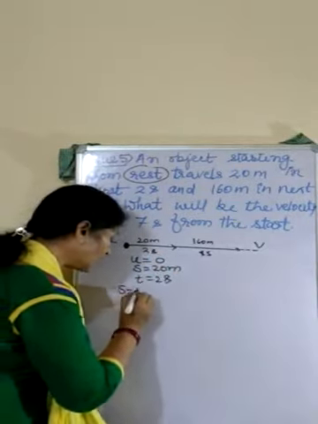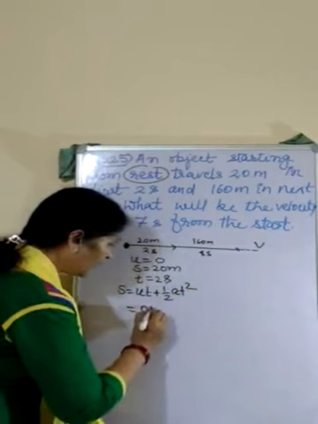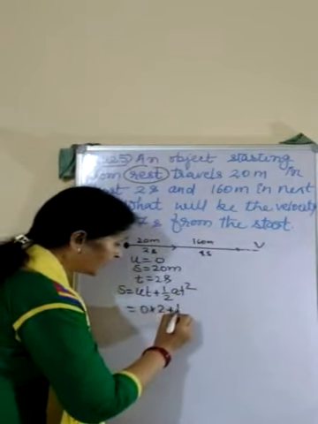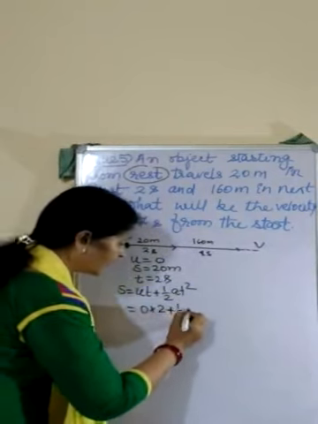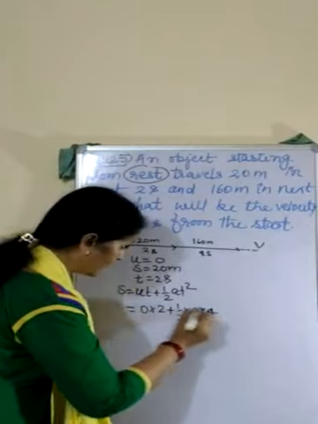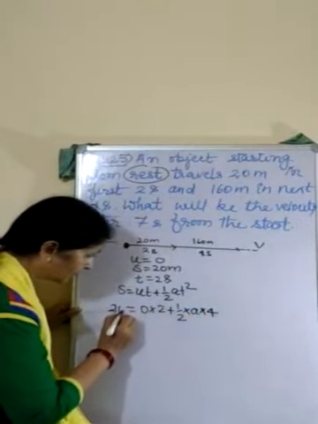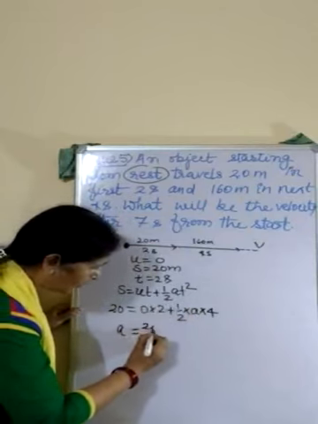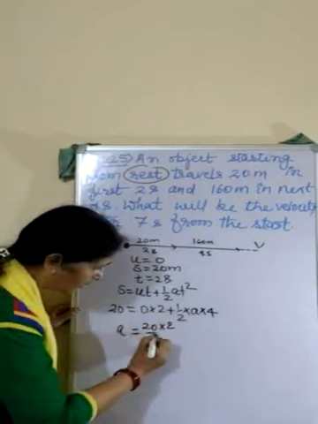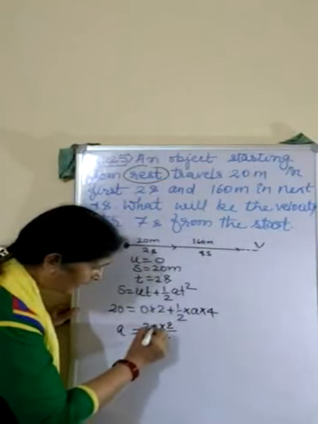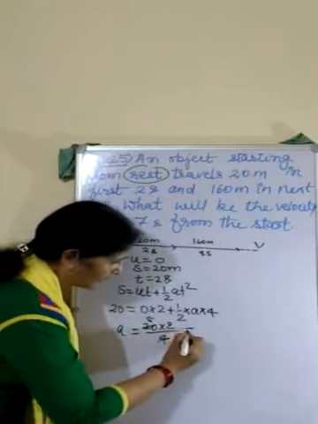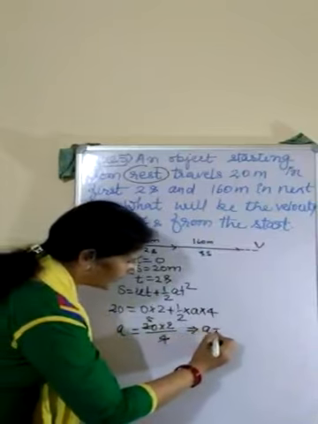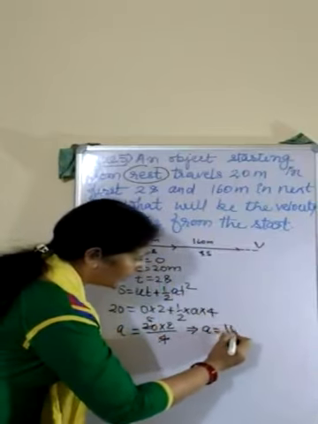U is 0 into 2 plus half into acceleration, we are not knowing, and time is 2 into 2, 4. Distance travelled is 20. And from here acceleration is equal to 20 into 2 by 4, and this implies that acceleration during this period is 10 meter per second square.